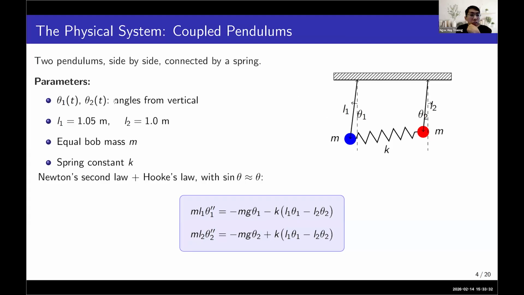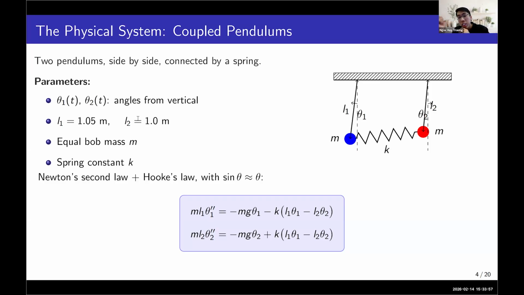We track the angles from vertical, theta 1 and theta 2. The lengths of the two pendulums are slightly different, 1.05 and 1. We have equal masses, and we connect the two pendulums by a spring with stiffness k. That is our setup.